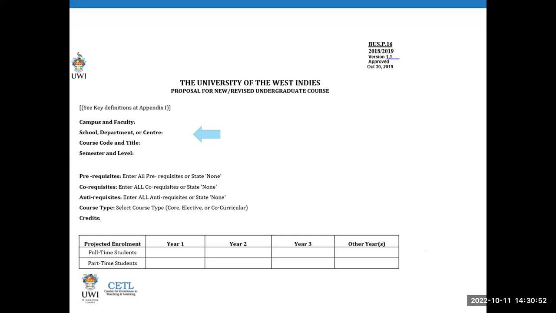So insert a course title. You don't have to put a course code for now. And you can go ahead and put the level, whether it's a graduate or undergraduate course, and what semester it might be offered.